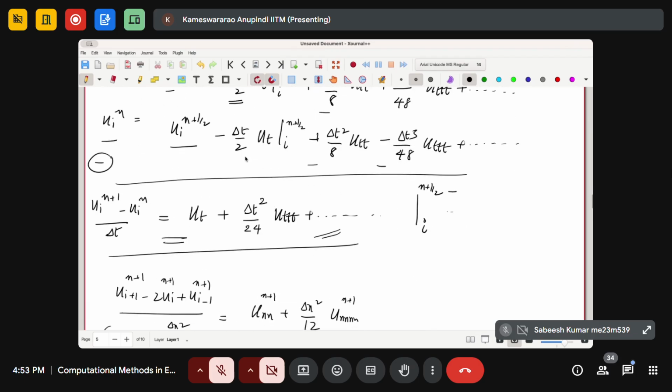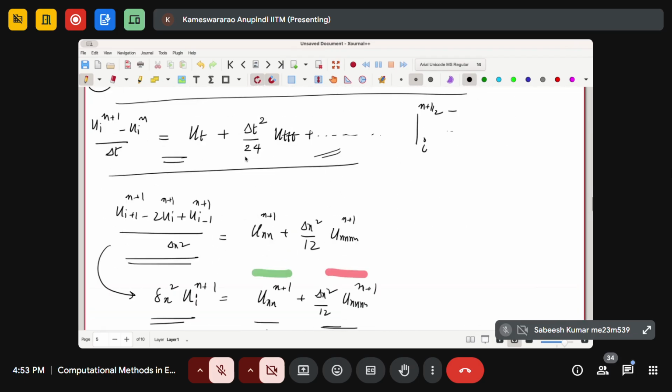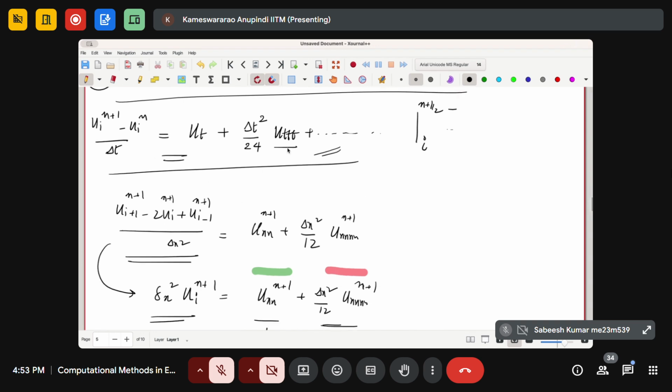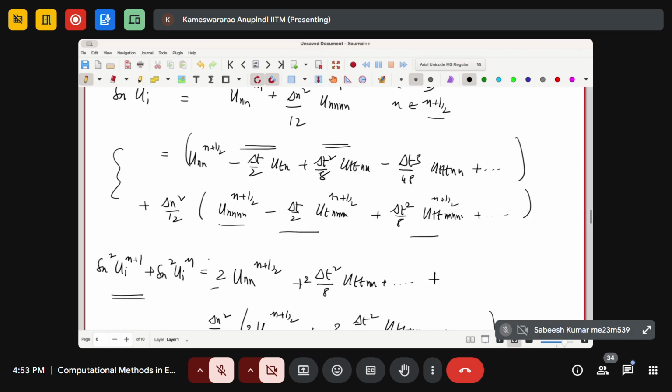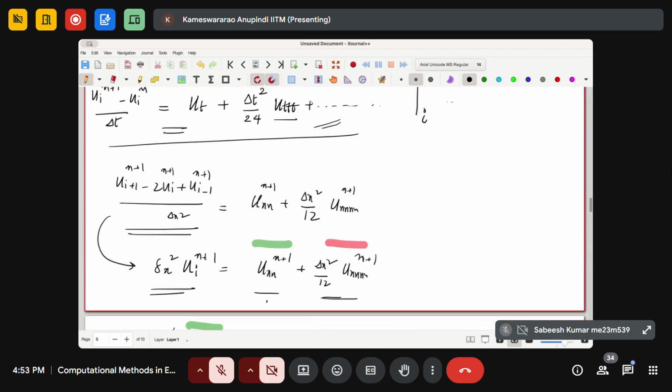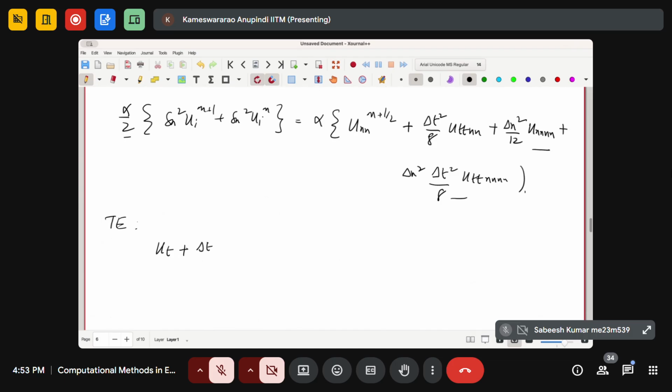So I can write for the total truncation error u_t plus delta t square by 24 u triple t. So the truncation error is going to be u_t plus delta t square by 24 u triple t and then minus alpha times u_xx.